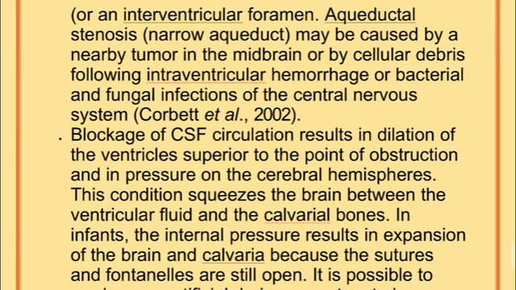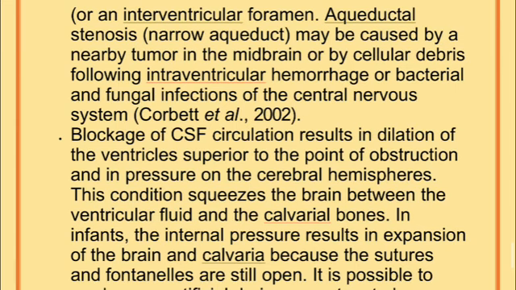Such cellular debris could come as a result of intraventricular hemorrhage or bacterial and fungal infections of the central nervous system. Blockage of cerebrospinal fluid circulation results in dilation of the ventricles superior to the point of obstruction, and there is pressure in the cerebral hemispheres. This squeezes the brain between the ventricular fluid and the Calvaria bones.